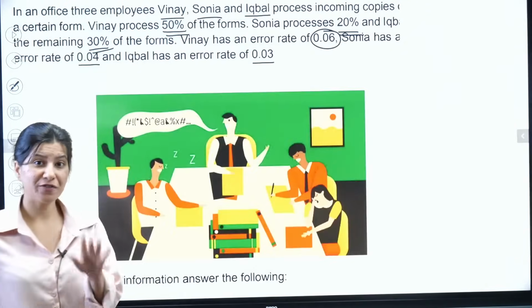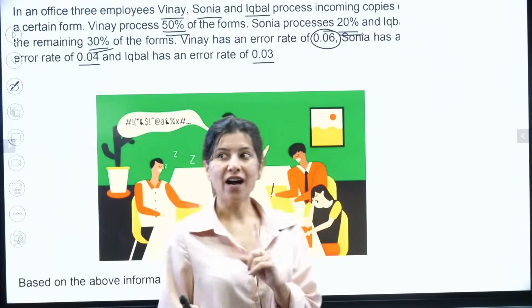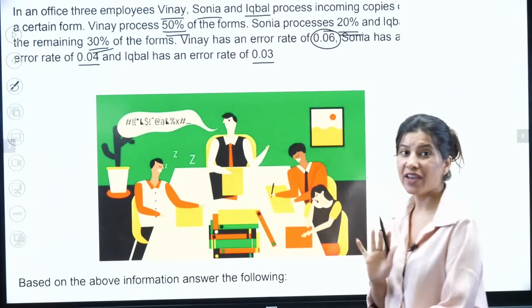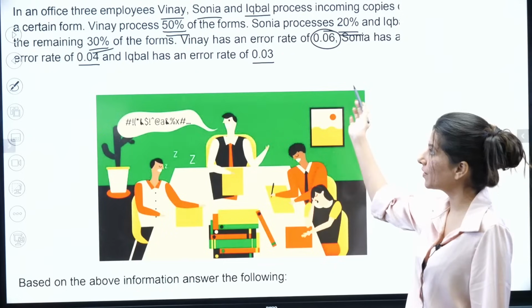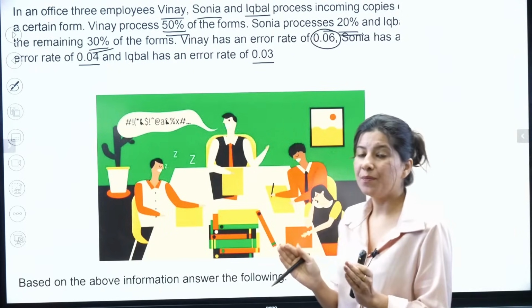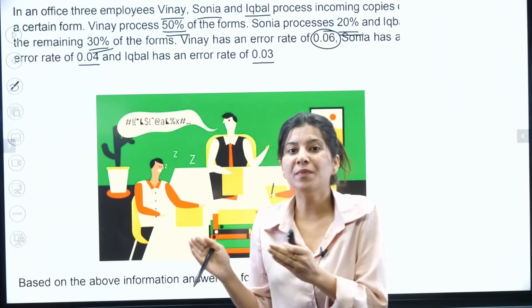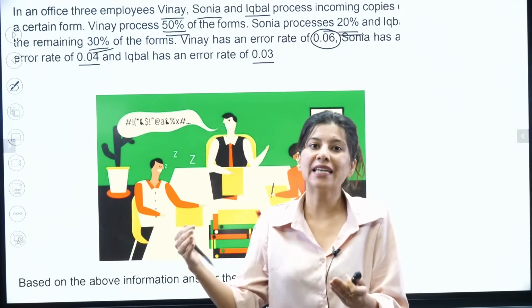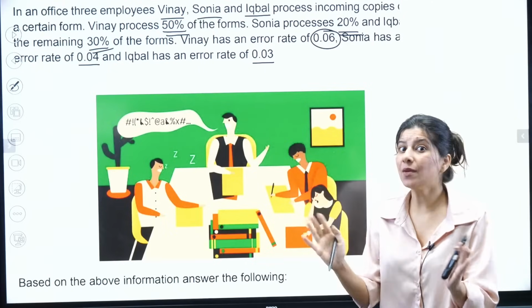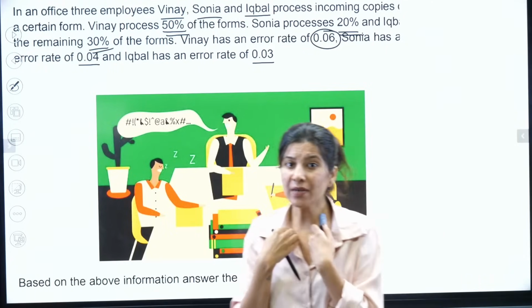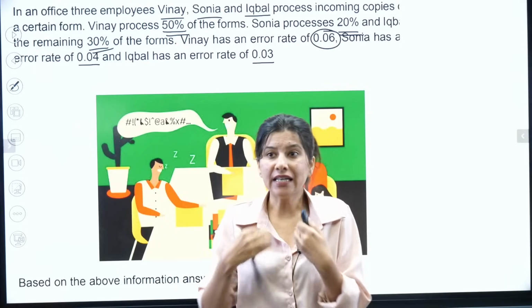First of all, I understood very nicely that these 3 events happening over here, that means the events of making an error by Iqbal, Vinay and Sonia, are independent of each other. Suppose if I am making an error, it is a very independent thing.